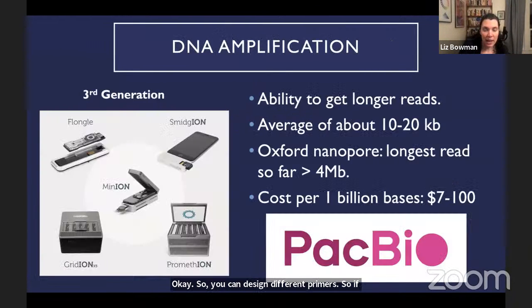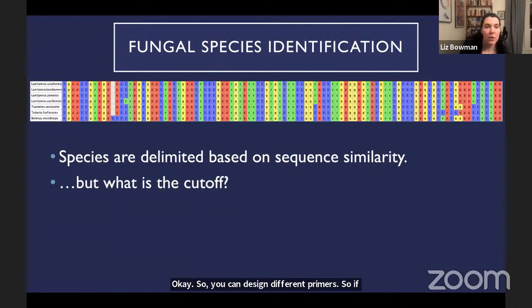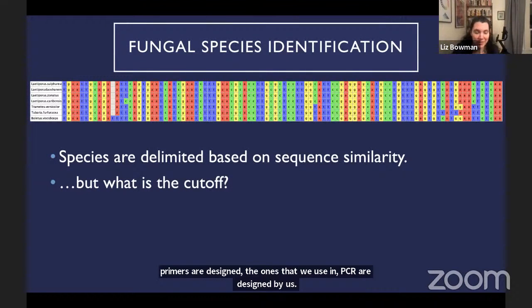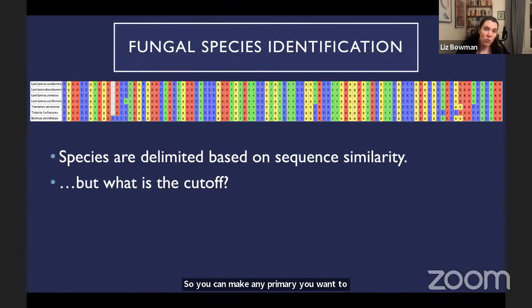The primers that we use in PCR are designed by us. You can make any primer you want to, and they're actually really cheap, which is nice. You can gather some sequences from NCBI of what you want to look at and see, okay, I have this region here that's all the same within this latyporous group.